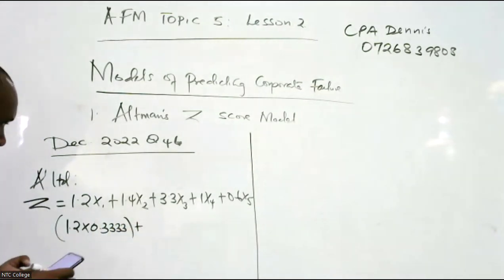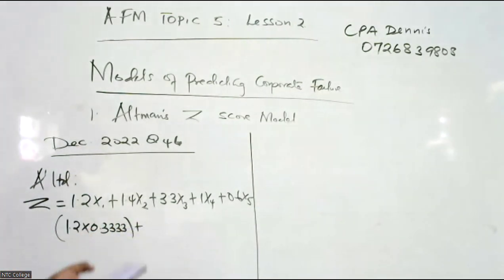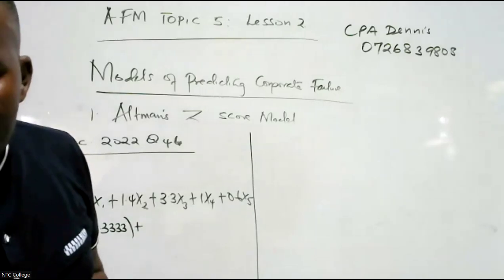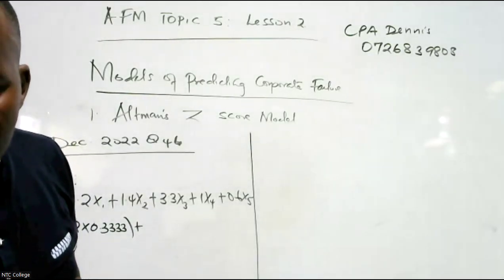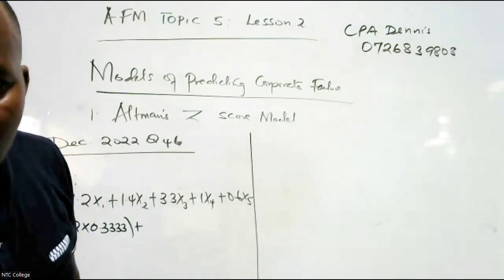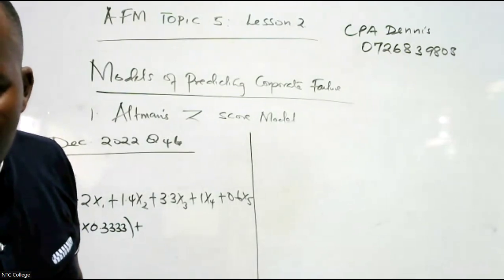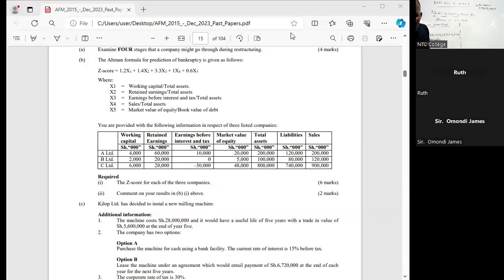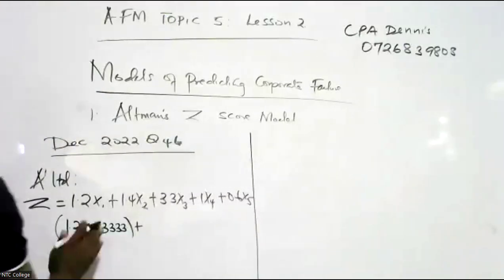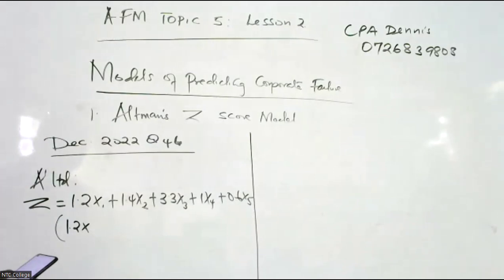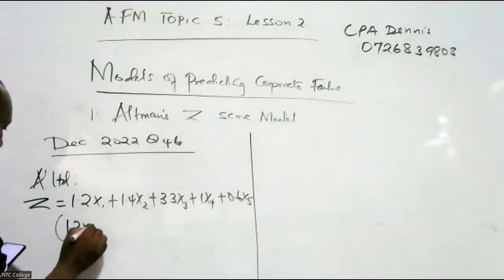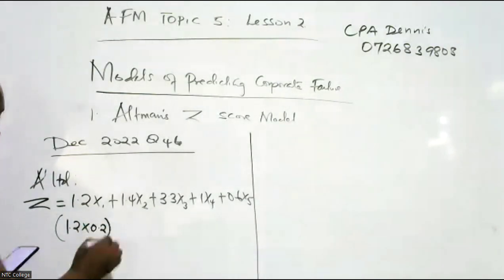Plus X2. X2 we are told is retained earnings. This is 200, not 120. So 200, thank you. 120 was the liability. So 40 divided by 200, what do you get? 40 divided by 200 is 0.2.